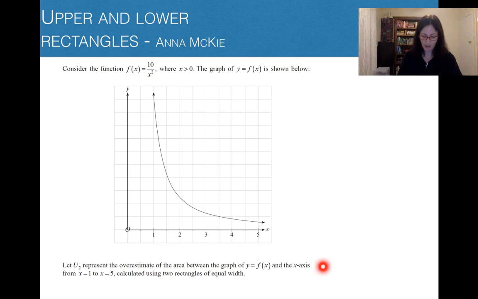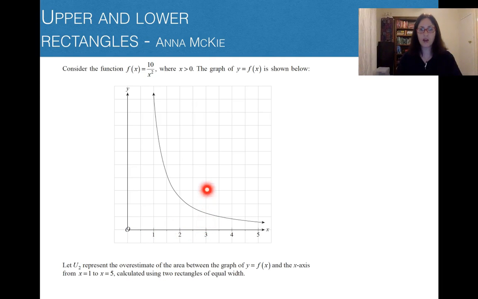Initially they want us to represent the overestimate, so the upper rectangles, between 1 and 5 using 2 rectangles of equal width. So think about that: between 1 and 5, we want 2 rectangles, so the width will be 2 this time round. If you want a rectangle, here's your base, what's the height of that one going to be?